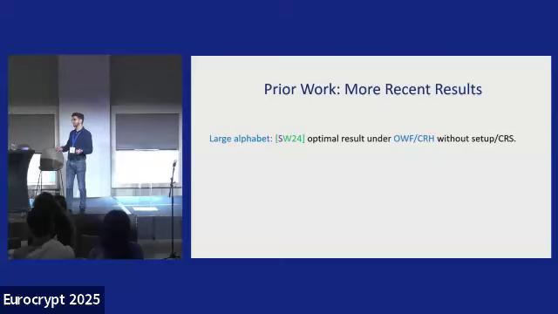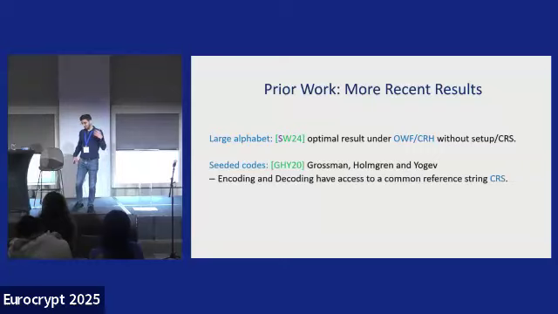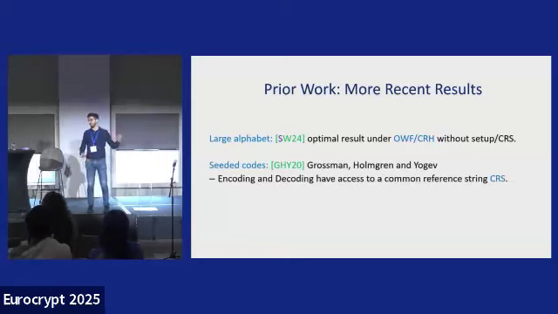However, the major caveat of this result was that it's only possible over a large alphabet. It's a large constant alphabet, but it's still a large alphabet. So it's not binary. Another recent result is by Grossman et al., which introduced the notion of seeded codes.